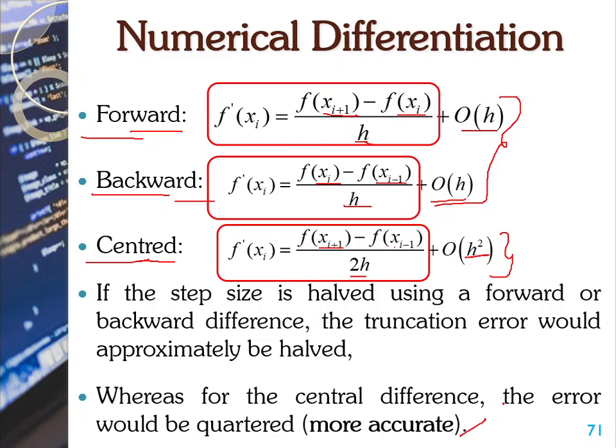Some of you in future will be coming up with algorithms based on numerical approximation, and you will be faced with the challenge of selecting one of these numerical differentiation techniques. I would suggest that you go for the central differencing scheme, because with it, anytime you halve your step size, you reduce your error by about 4 times.